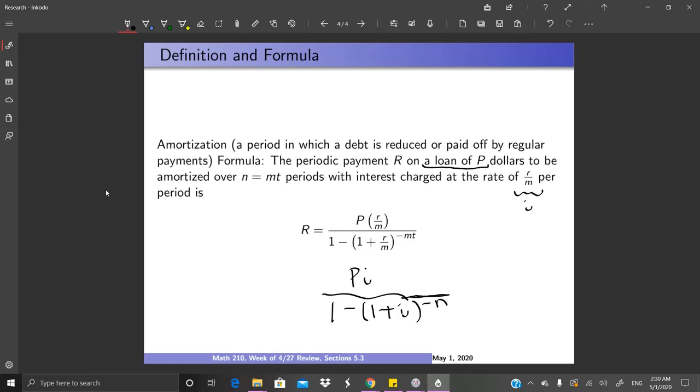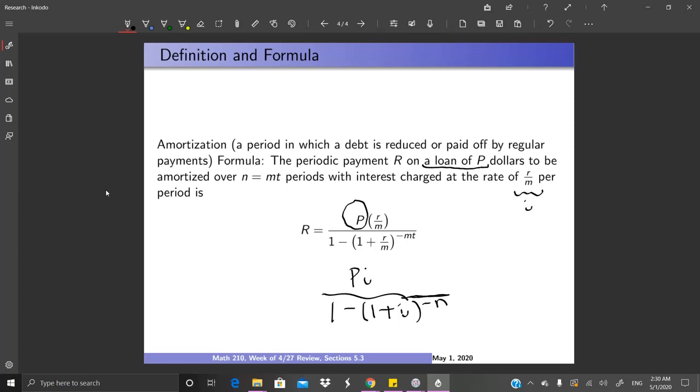That will give you the value of M. The important part to remember here is that P is the value of the loan, and R is how much you're paying every period. So that's really what we need to remember from section 5.3. It's kind of an application of the stuff you did in 5.2, just a slightly different formula.